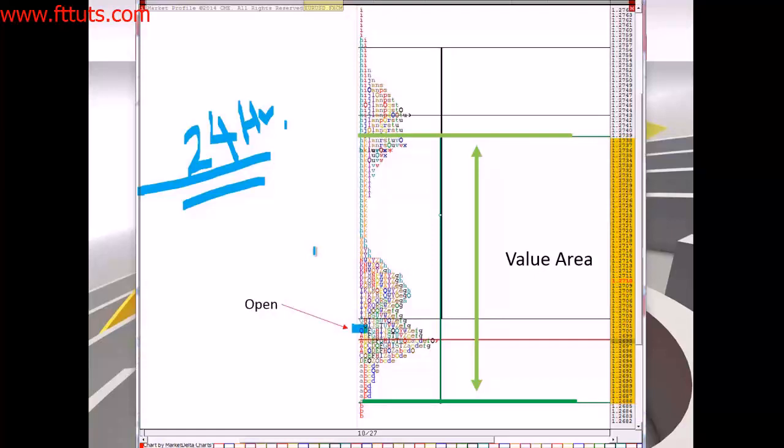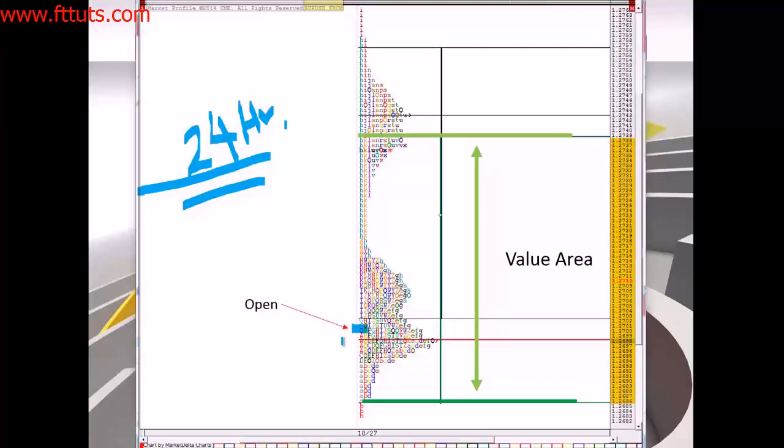We have to create those settings when we look at the profile. The default for the profile is 30 minutes, and so I have left that setting intact for this 24-hour profile. So each of the periods that we are looking at is a 30-minute period.